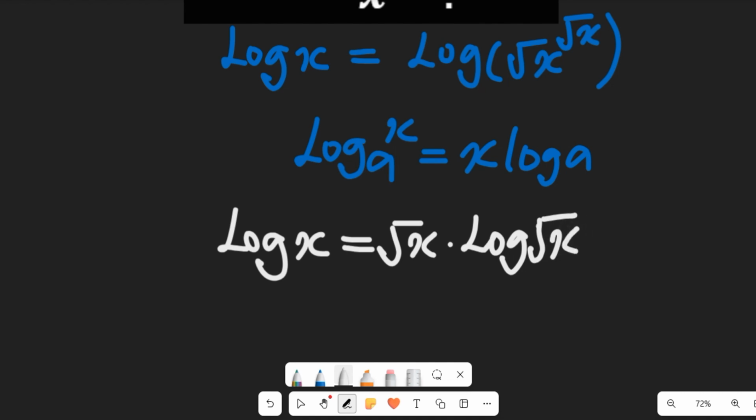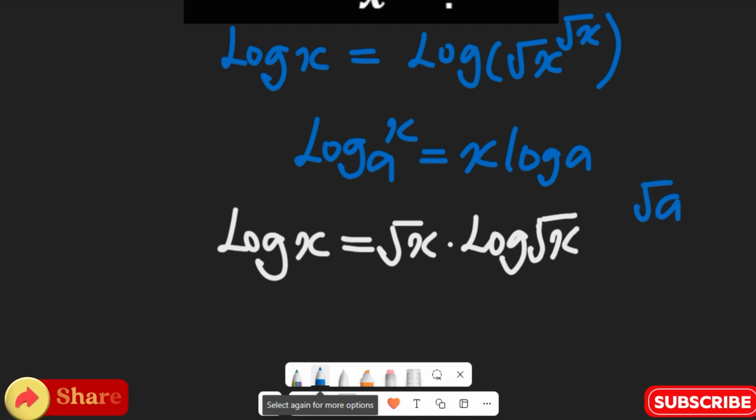Great. Now, having done this, we are going to simplify. Now, remember the law of indices that if I have the square root of a, the square root of a can be equal to a to the power of 1 divided by 2, right?